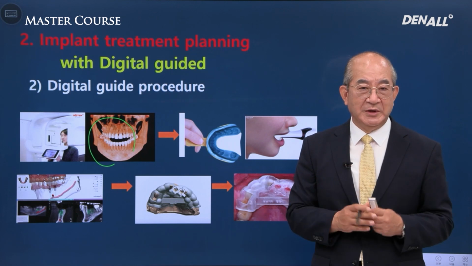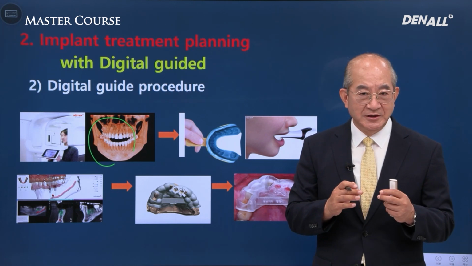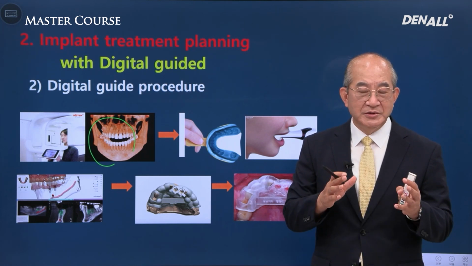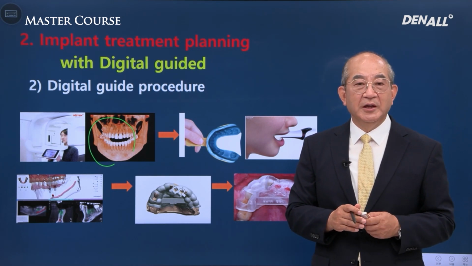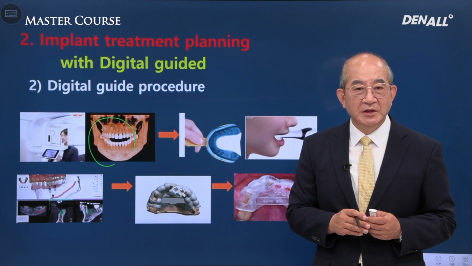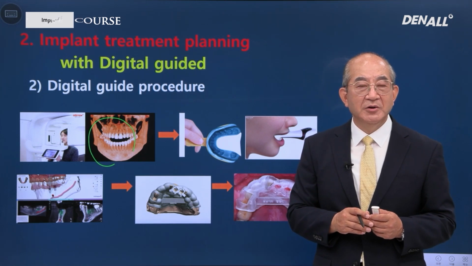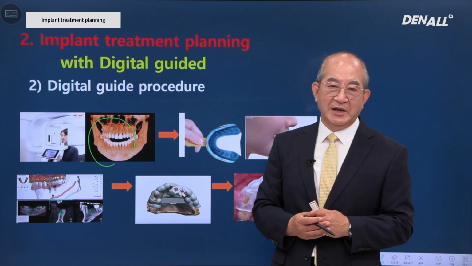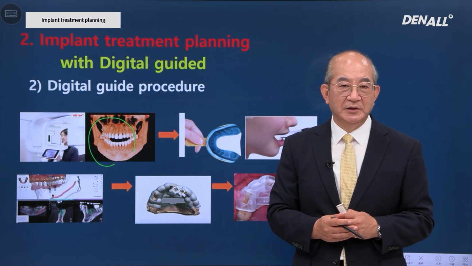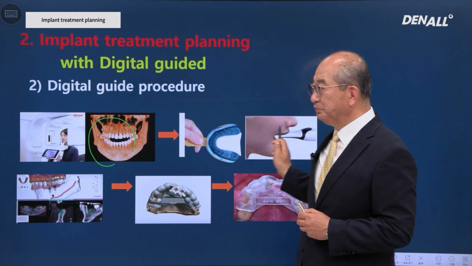Next, a cast model is made. A diagnostic wax-up can also be done. With digital dentistry, more people use intraoral scanners, and impression materials, which require a lot of work, are now mostly unused.